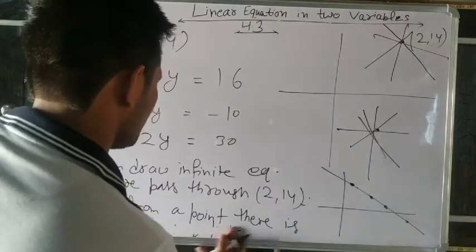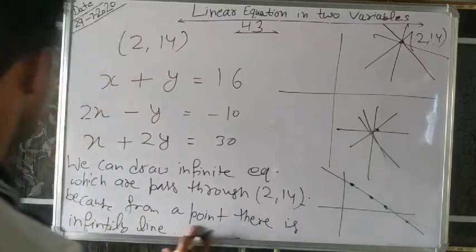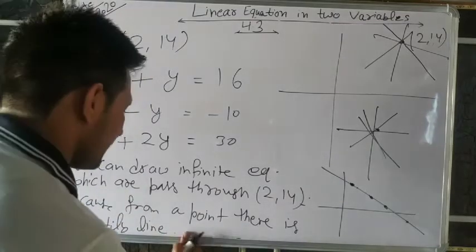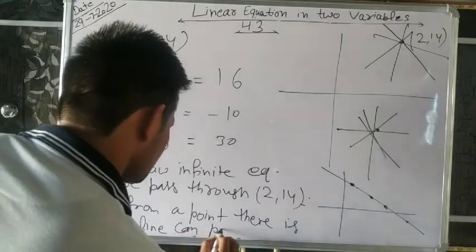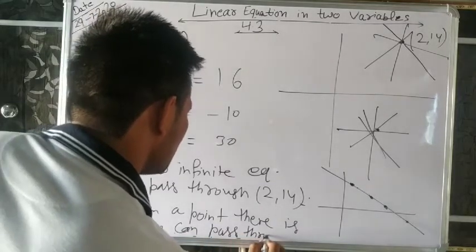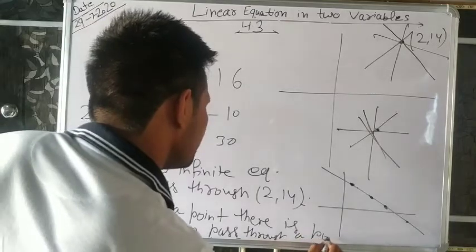Otherwise you can write, because there are infinite lines that can pass through a point. Understand it?